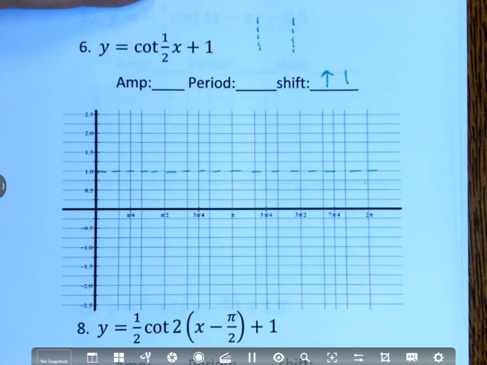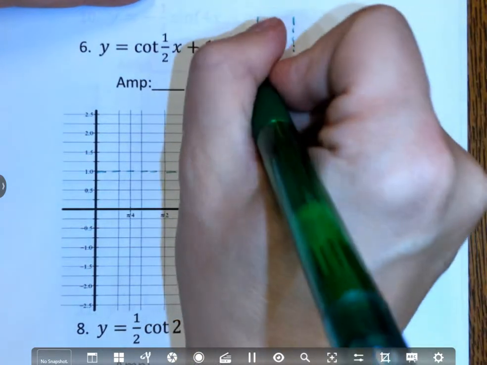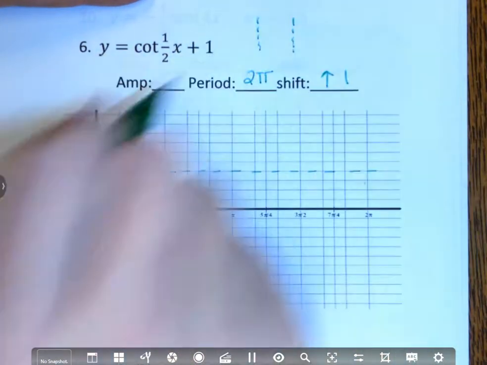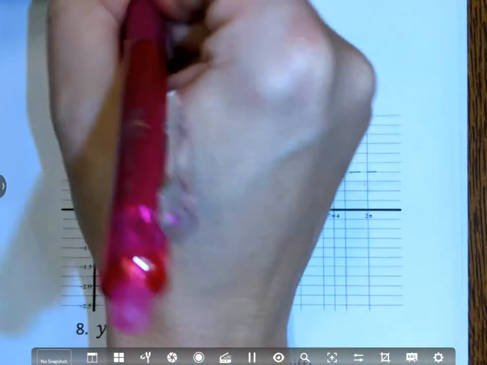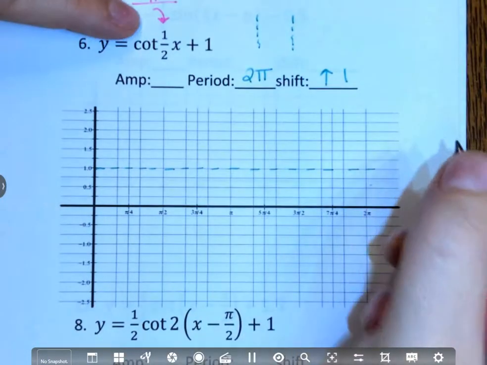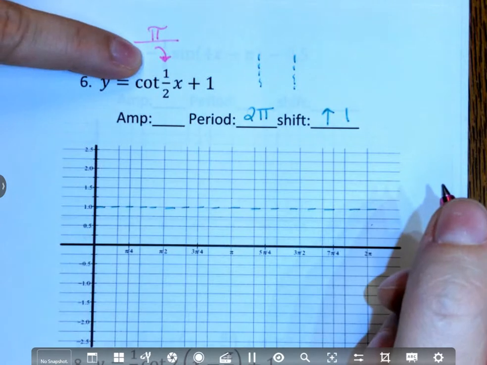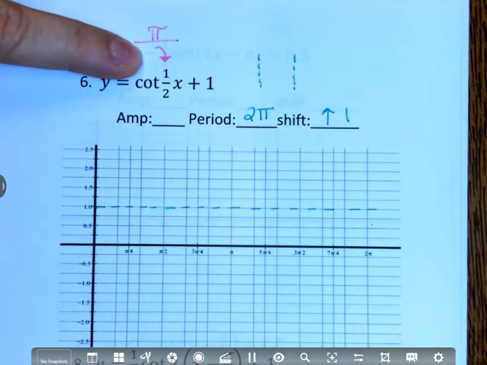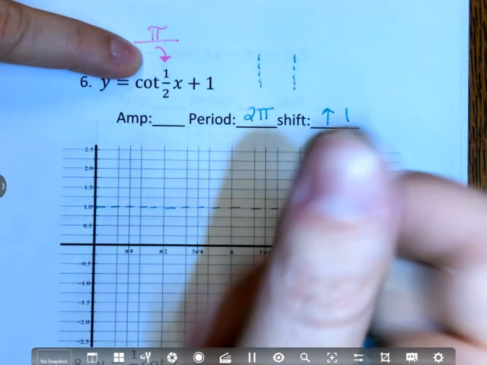What else can you tell me? Period is 2 pi. Because for the period, we're going to take pi divided by that number. Yeah, you got to be real careful with that. If the period is 2 pi, what is each section?